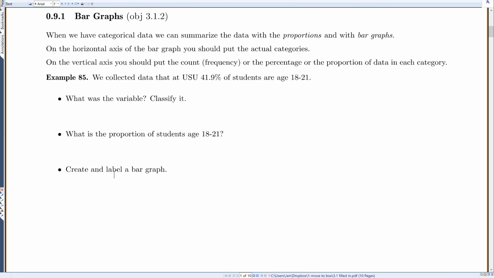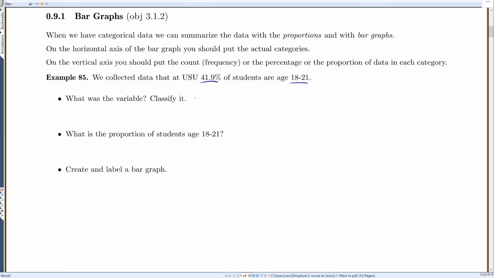It does kind of look like we looked at age, but if you're looking very specifically, it says 41.9% of students are age 18 to 21. So that sounds to me like they asked them, are they 18 to 21 or not? So this was very much categories. They had two categories here. Anytime they give you a percentage of people that did something, that's going to be categories.